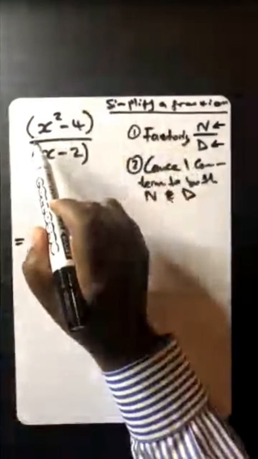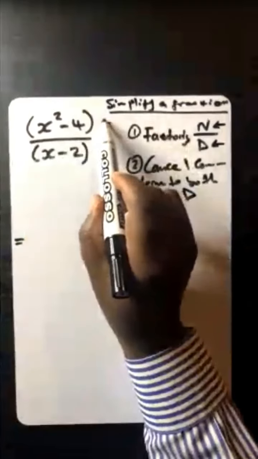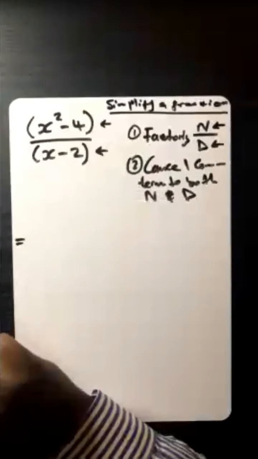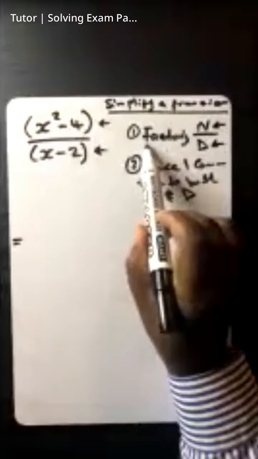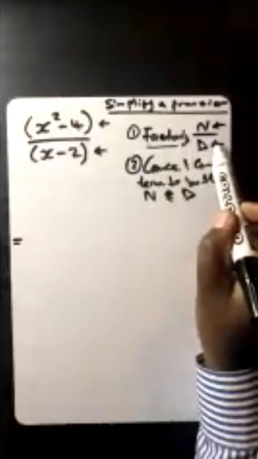Cele, you know very well that if you see that over sign, you are able to see a numerator and a denominator, which means this is a fraction. So an instruction says simplify a fraction. Then when you simplify a fraction, firstly factorize the numerator and denominator, or whichever is possible to factorize.